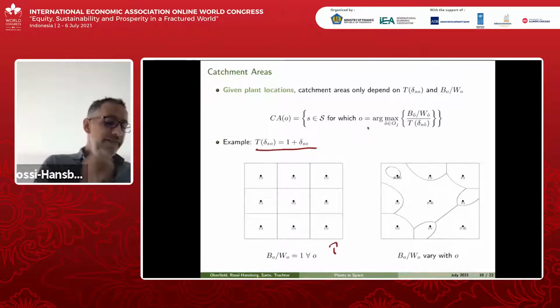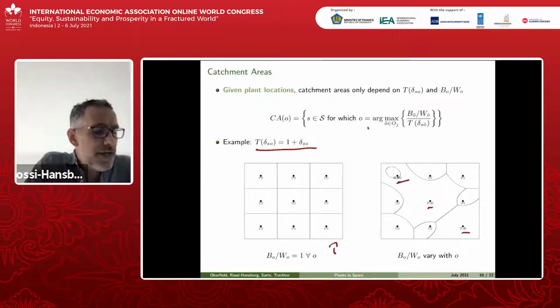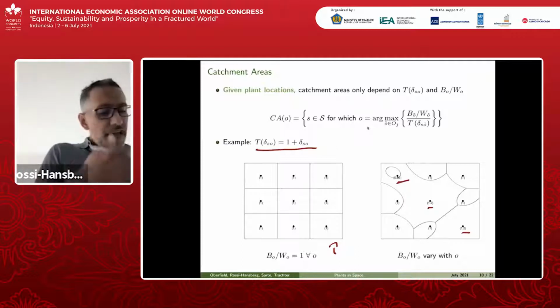Suppose I do a slight modification to this and I say, well, no, the plans here in the diagonal don't have the same productivity. These two ones are a little bit more productive. Instead of 1 they are 1.2, and this one in the corner is a little bit less productive because of some particular characteristics of that location or anything you can think of.